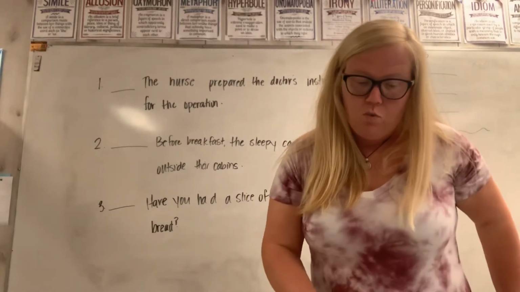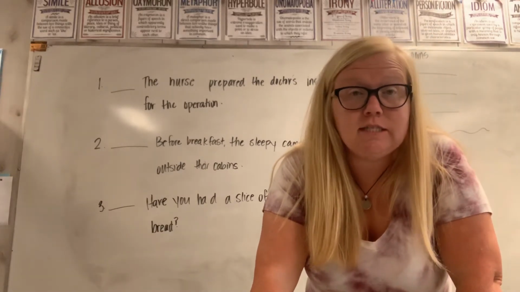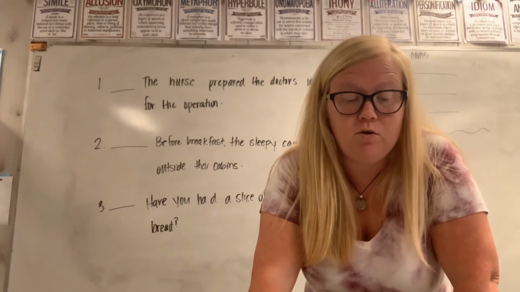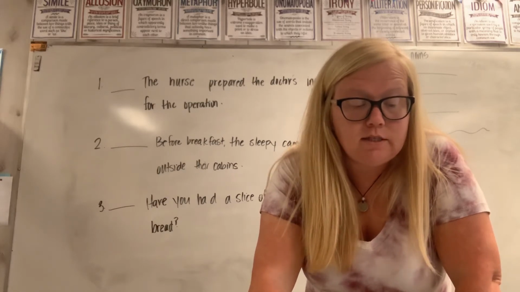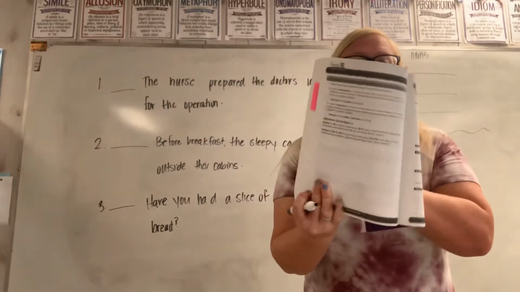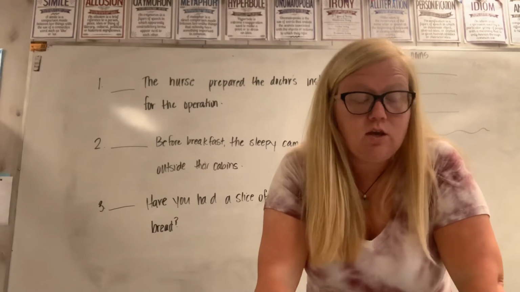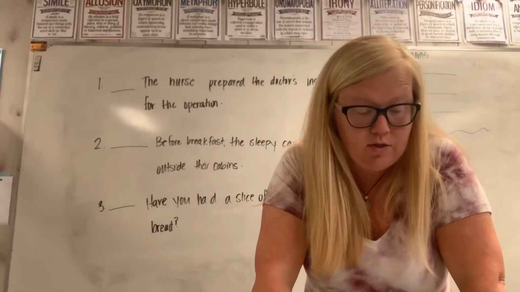So what I want to take a minute and talk about first is identifying transitive and intransitive verbs for pattern 1 and pattern 2 sentences. I gave you guys this worksheet, and I uploaded this one right here. It's some information, so make sure you go over this and read this so you know the difference.